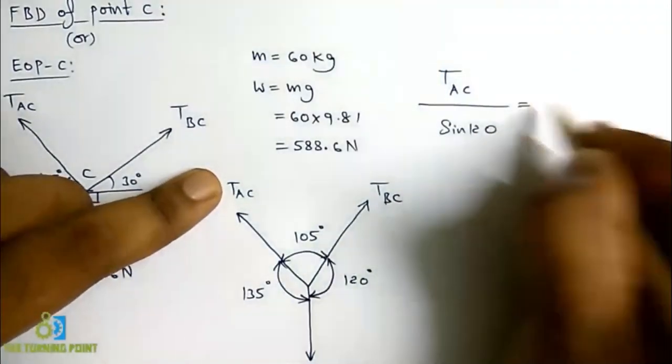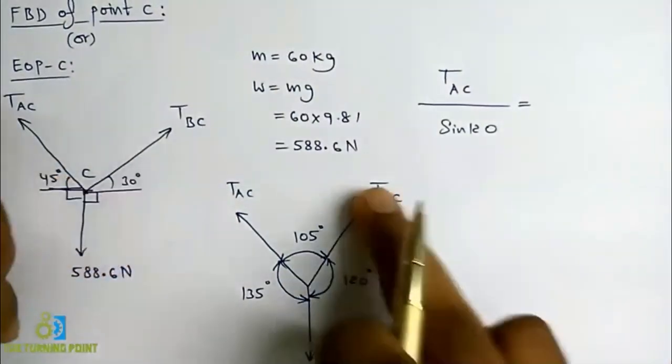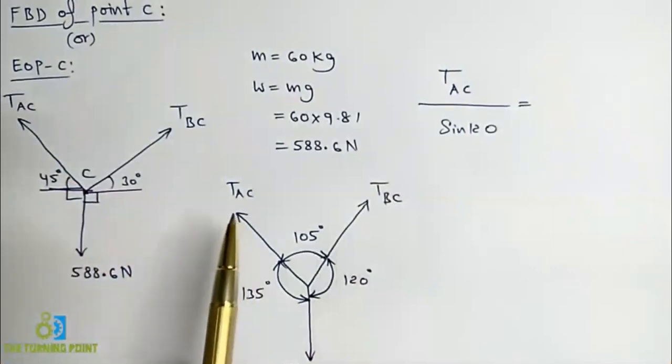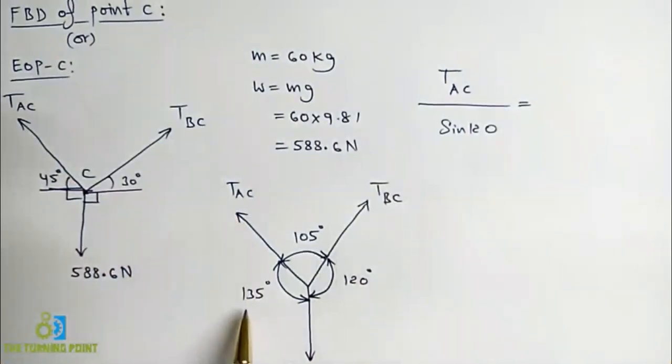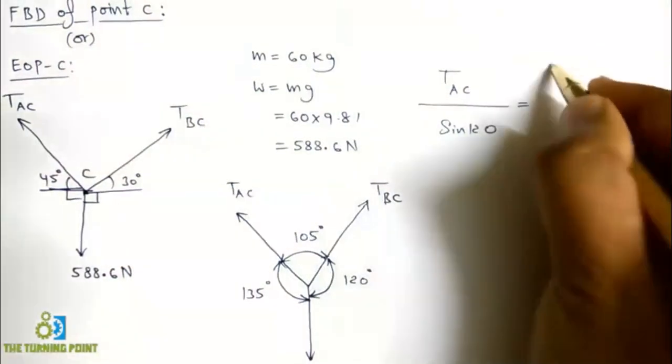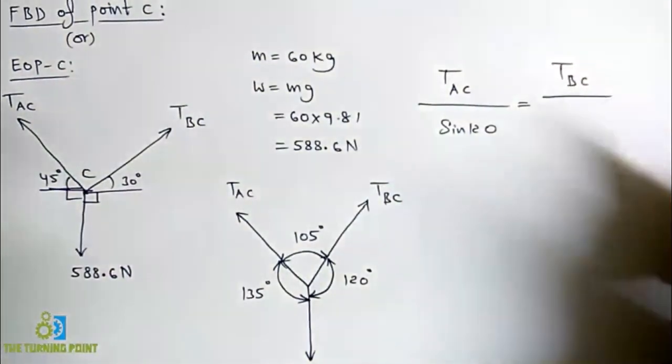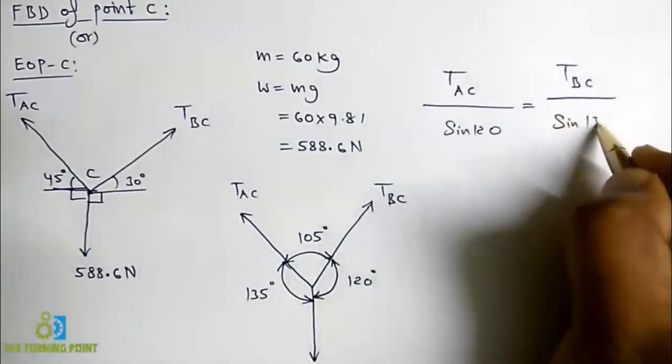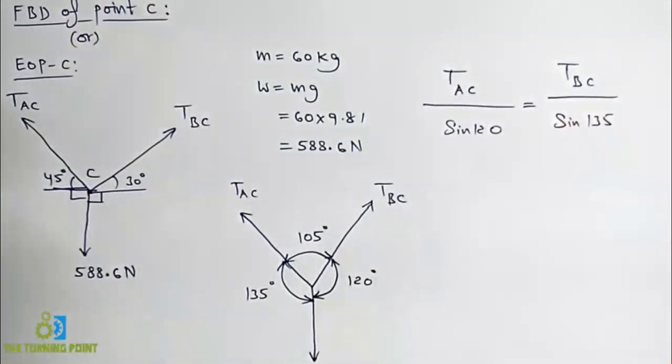is equal to, now close TBC. So when you close TBC, the remaining forces are TAC and 588.6 and the angle between those two is 135. So that means for TBC, the opposite angle is 135, so sine of the opposite angle is sine 135.